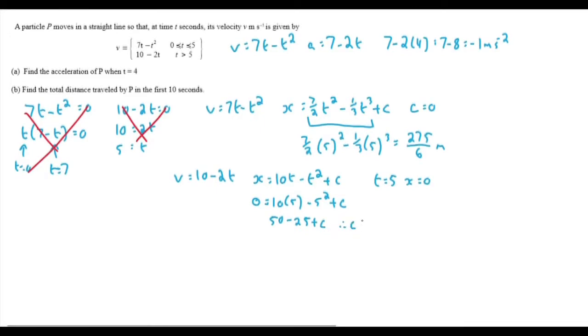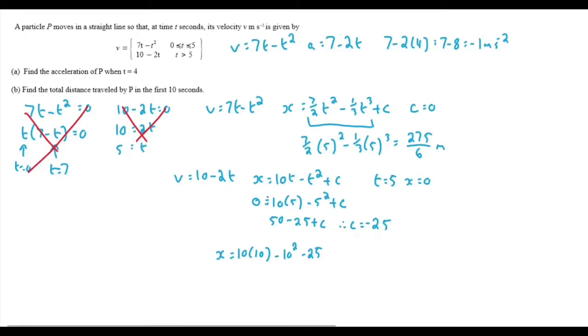Therefore, c has to equal minus 25. So now that we have this c value, what this will do is give us a displacement after the 5-second mark. This allows us to just get the displacement when time is 10 without us having to worry about the equation assuming that this is a displacement actually from time 0.